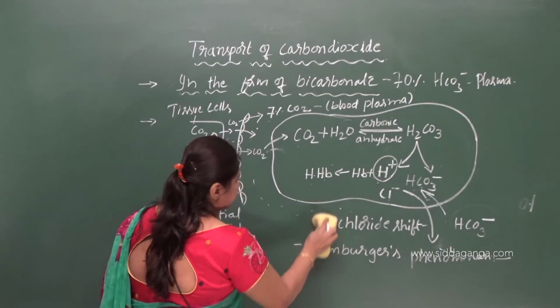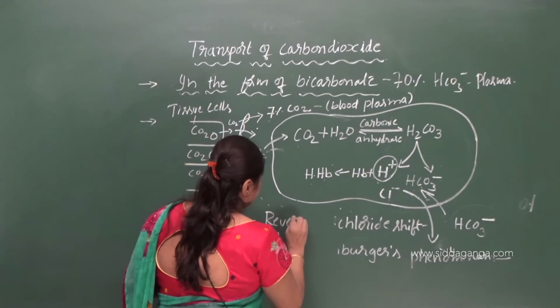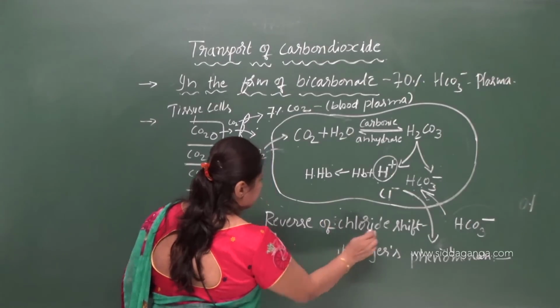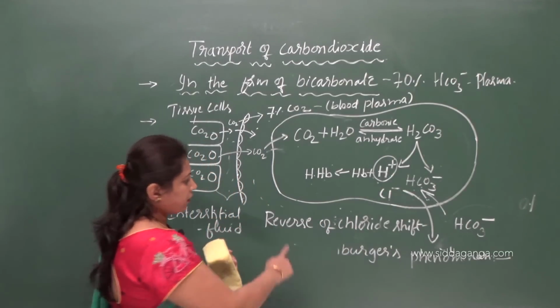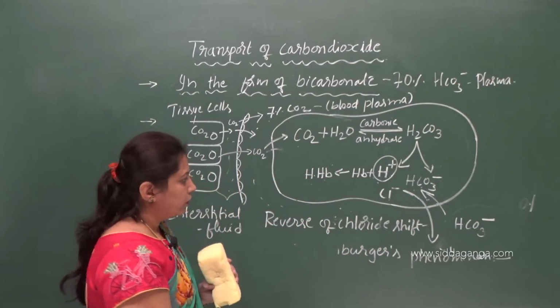So this is called as what? Reverse of chloride shift. So the reverse of chloride shift occurs at the alveolar site. Okay.